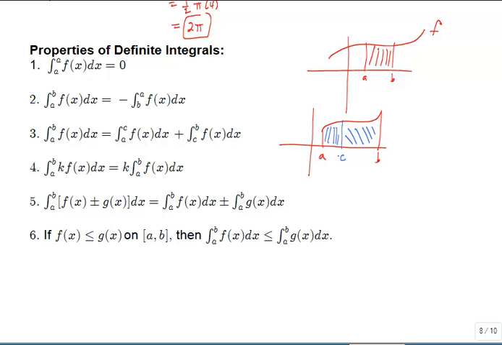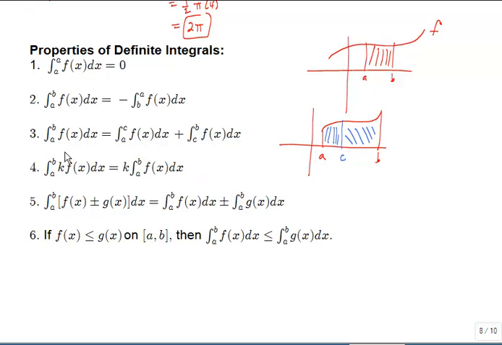So we just pick this point c in between a and b, and we can chop up that full area into 2 smaller pieces. And if we add those 2 smaller pieces together, we'll still get the full area. So that's what this property 3 is saying.